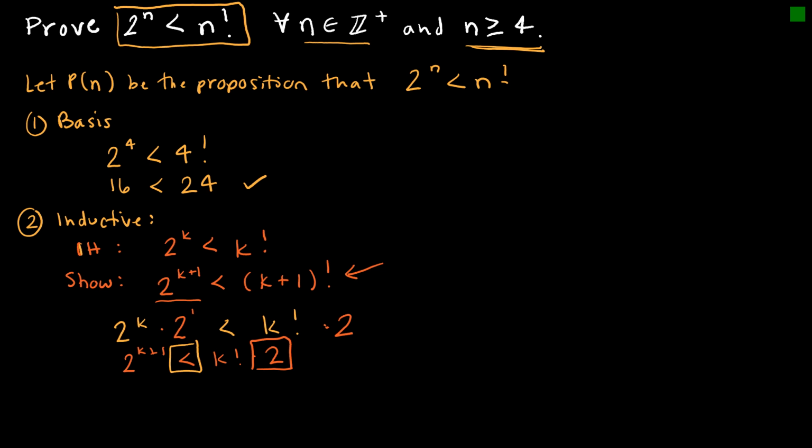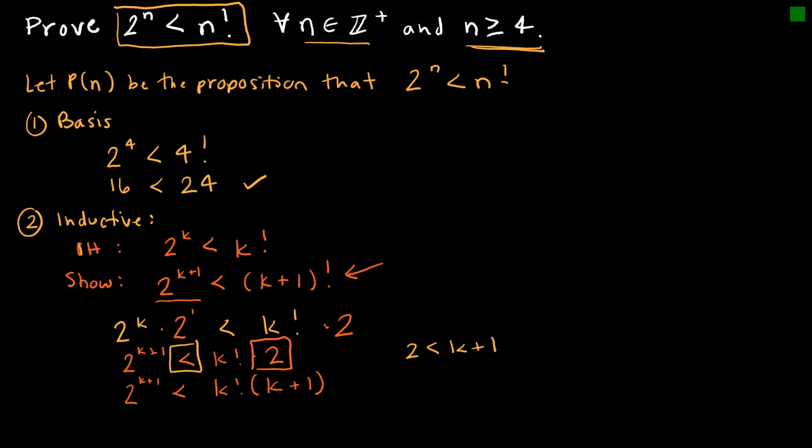And so what I know is that 2 is less than k plus 1. And so I'm going to keep this left side 2 to the k plus 1. This is still less than k factorial times k plus 1. So I've preserved that inequality.